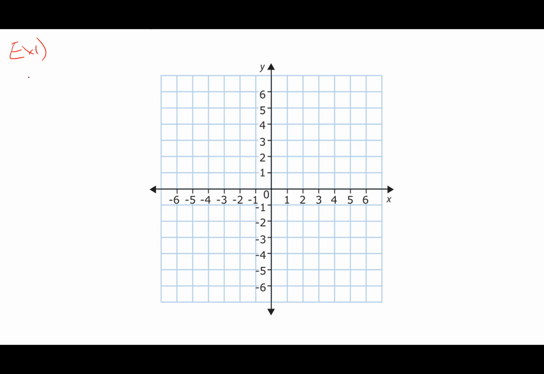All right, here's my original function. Original function, or parent function, is x squared. Let's deal with that one here. My new function is what I want to graph.